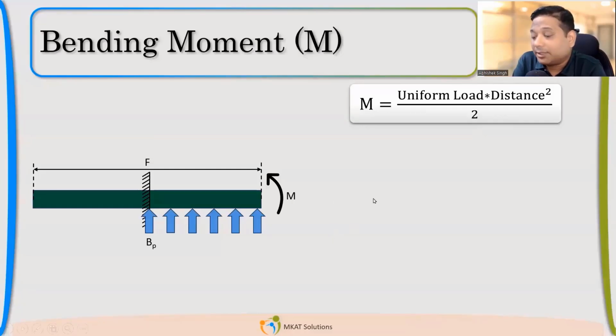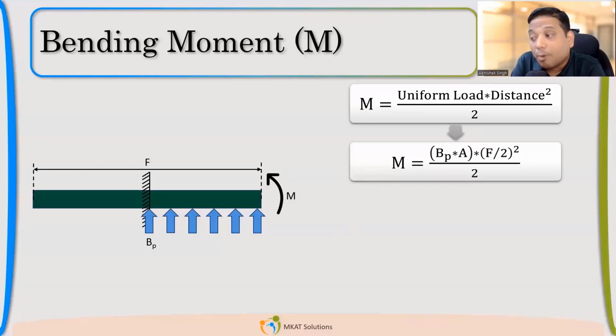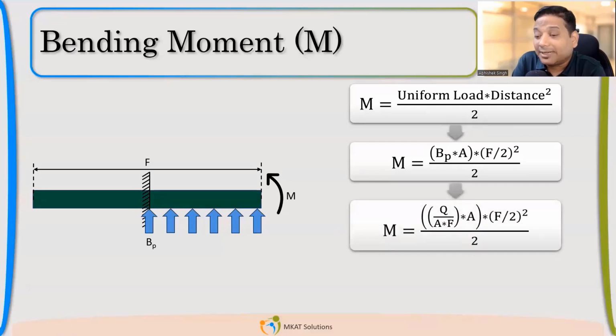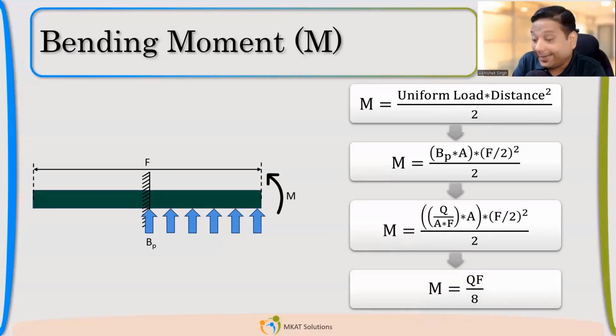This is a universal formula, so I can use that and calculate the moment. Once I have the moment, divide that by the section modulus, and I have the stress also. That is the reason I want to calculate the moment first. So the moment I got is QF divided by 8.